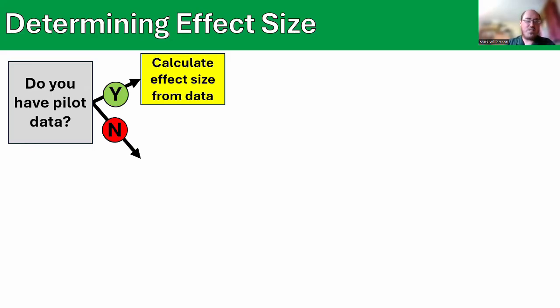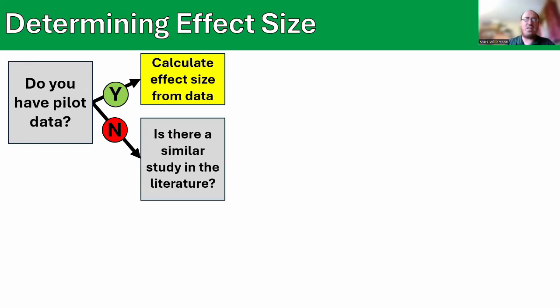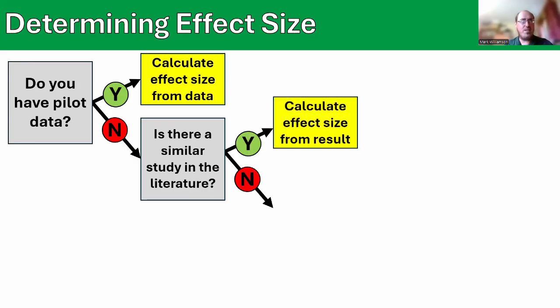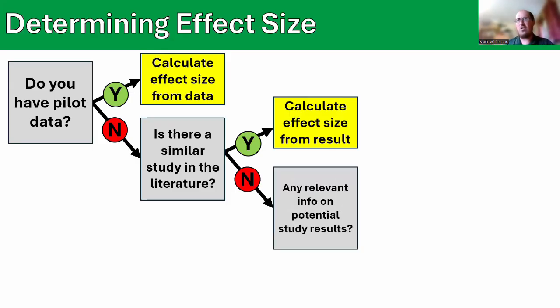Now, if you don't have pilot data, you could ask, well, is there a similar study in the literature, or maybe a similar study that you've done that's not exactly the same, but comparable? And if yes, you could get means and standard deviations from that data, and calculate effect size. Now, maybe it's no. You could still ask, well, is there relevant information on potential study results? Maybe you have some expertise in the area, so generally speaking, what kind of effect should come here.